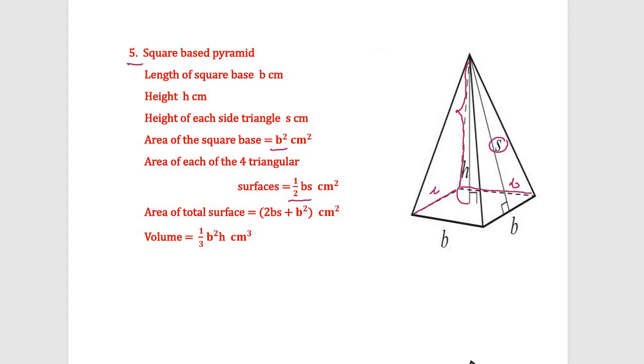The 4 triangular surfaces together are 4 times half bs, or 2bs, plus the area of the square base. So the total surface area is 2bs plus b square centimeter square. And the volume of the square base pyramid can be found with the formula 1/3 b square h centimeter cube.